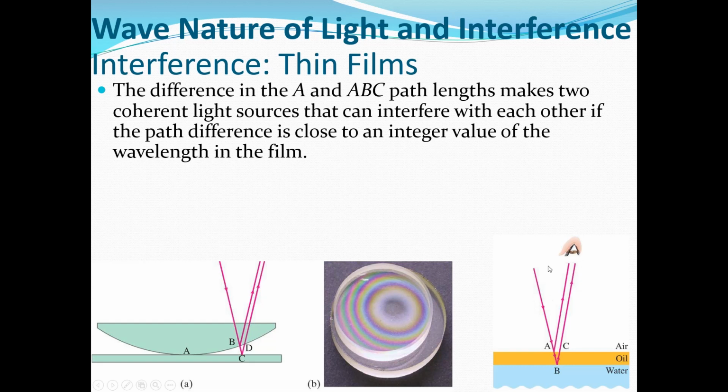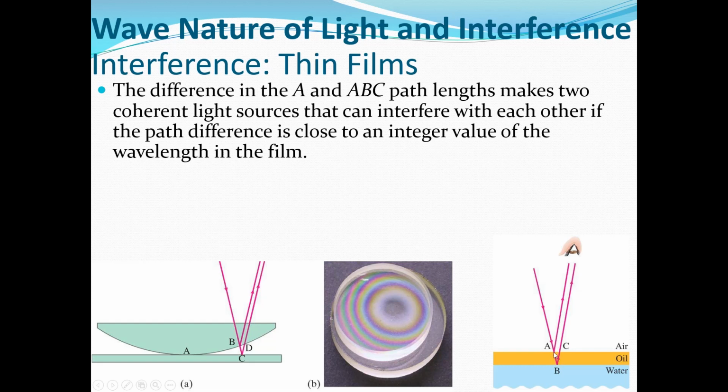As I mentioned before, every time a light beam strikes a boundary, there's always going to be a part of that light that ends up being reflected and part of it that gets transmitted. So here, as it hits the air oil surface, part of that light from section A is going to be reflected back.